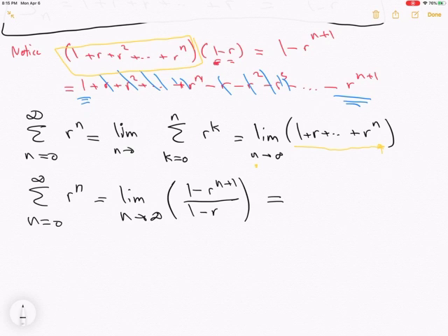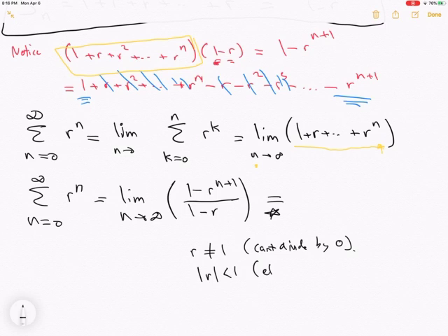there are a couple of conditions here. The first thing is that r cannot be equal to 1, since we can't divide by 0. And the other condition is that the absolute value of r has to be less than 1.